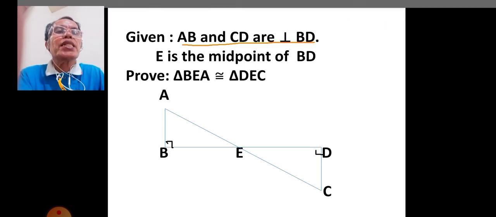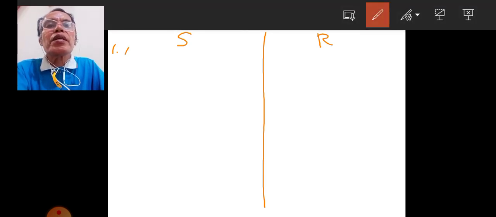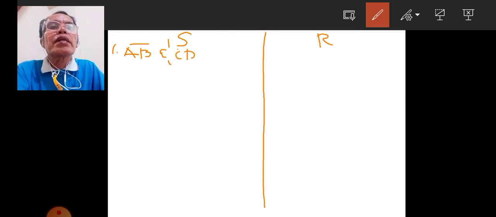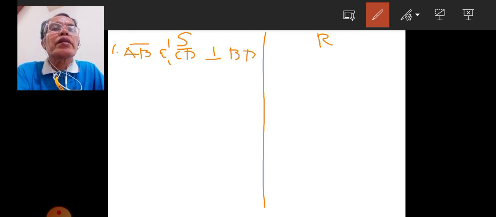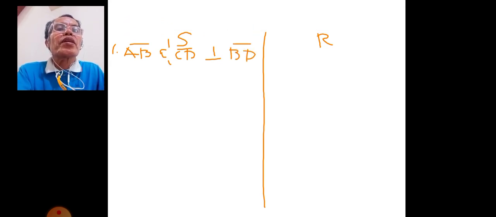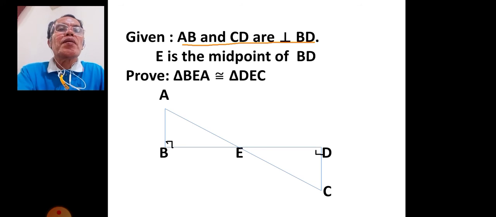So the one in the given is AB and CD are perpendicular to BD. Let me check. AB and CD perpendicular to BD. Okay.